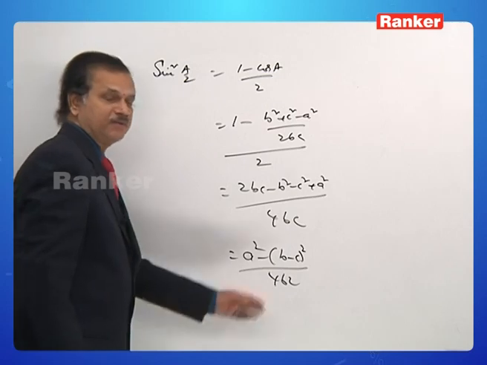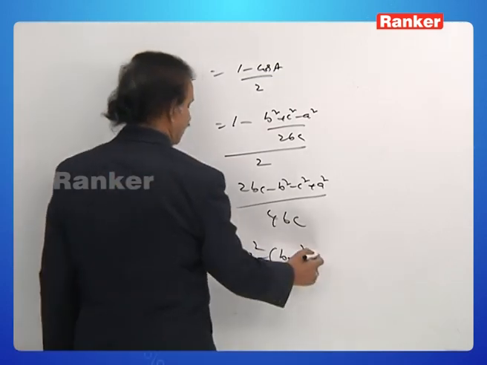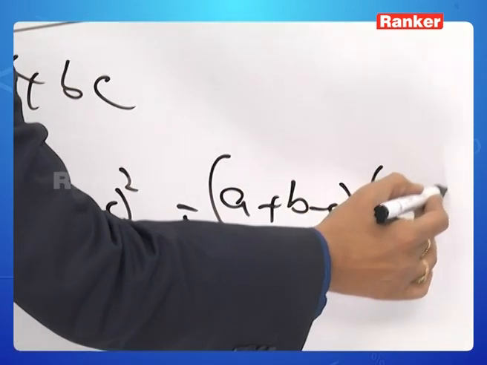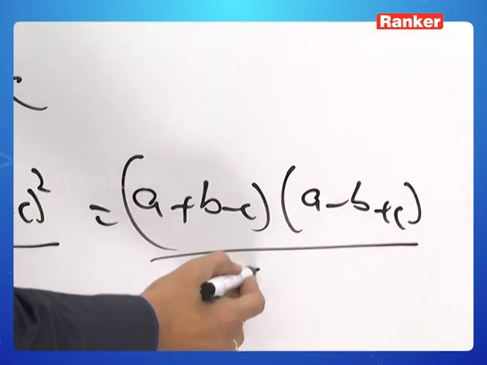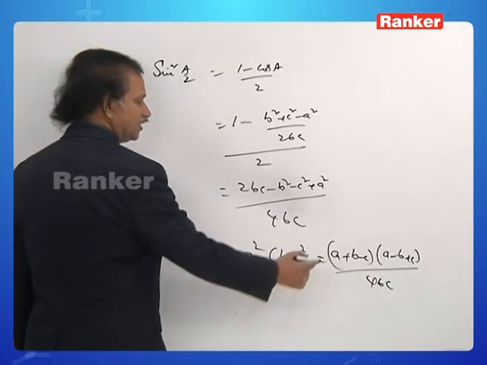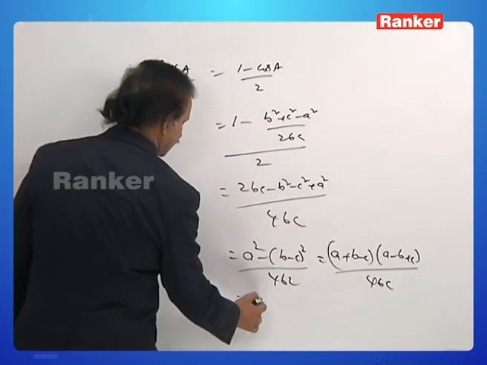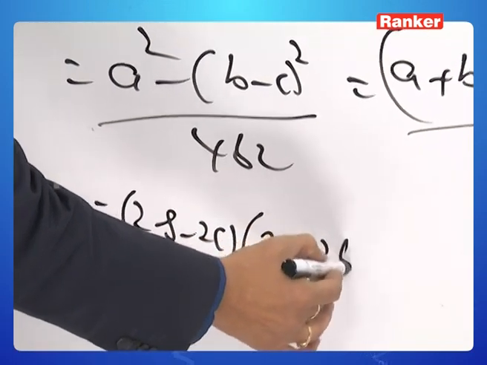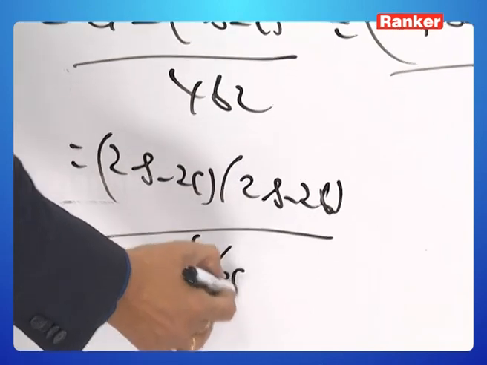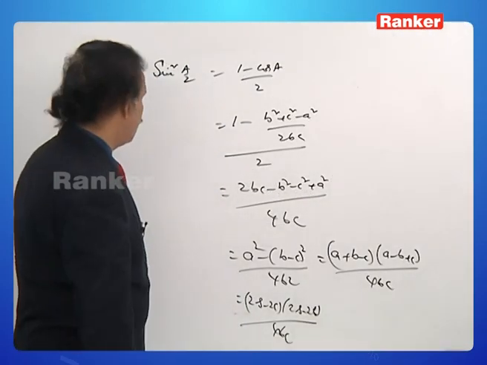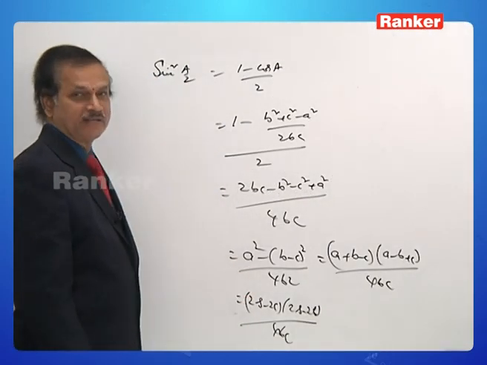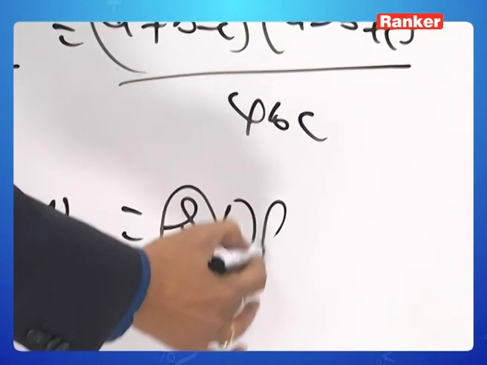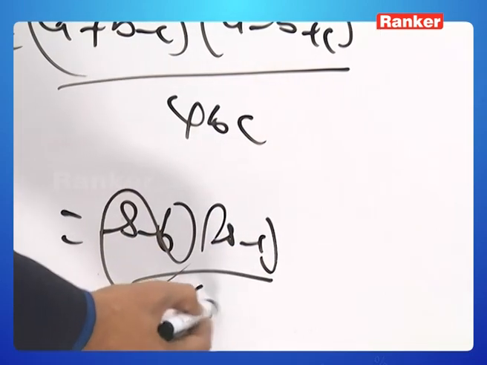Again, this can be taken as (a plus b minus c) into (a minus b plus c) by 4bc. You see, this is nothing but 2s minus 2c and 2s minus 2b by 4bc. So you can cancel the 4, and what do you have here? (s minus b) into (s minus c) by bc.